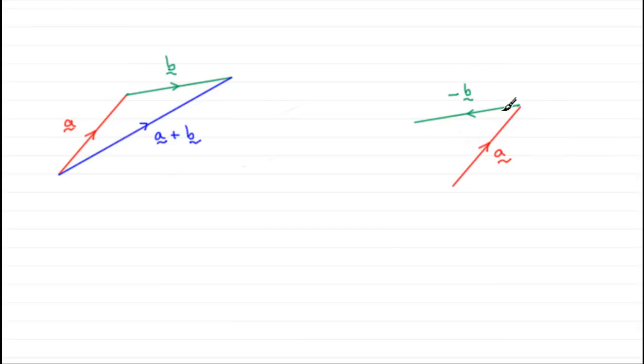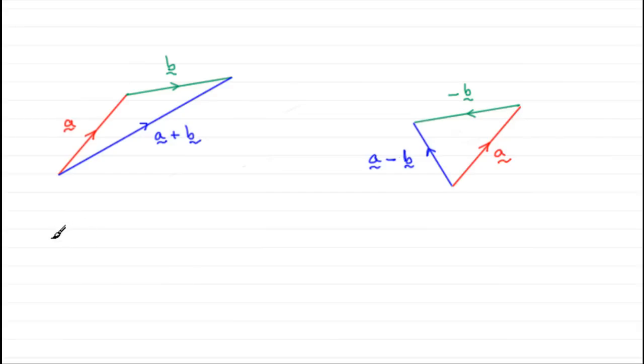It's going in the opposite direction, but it's the same length as B was. Then what we're doing is A followed by minus B, A plus minus B. It takes us from here to here. So I could write then A followed by minus B, but we prefer to think of this plus minus, just replace it with a minus, so we have got A minus B as this vector.